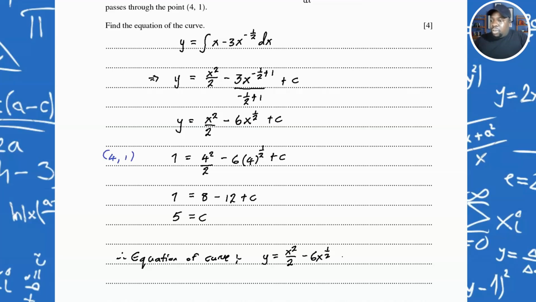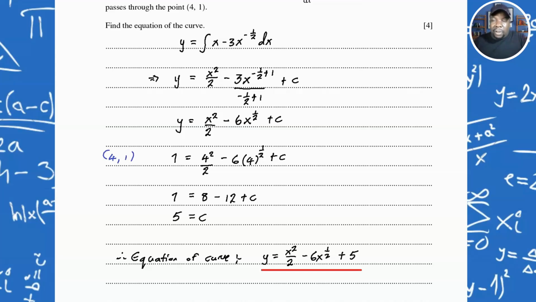The c is 5, so it's going to be plus 5, and this is the answer we get. That's the answer they want us to find, which is the equation of the curve. So that's how we do it for question number 1.